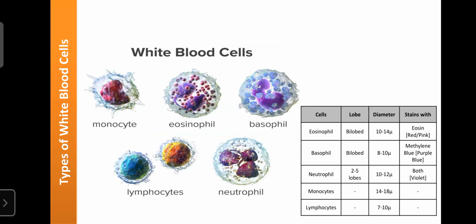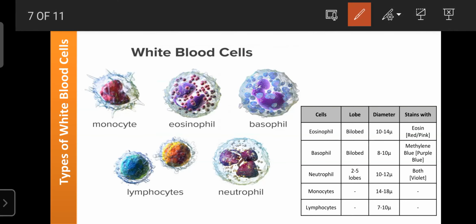Few WBCs have granules in their cytoplasm. Due to the presence of granules, those WBCs are known as granulocytes. And some WBCs do not have granules in their cytoplasm.